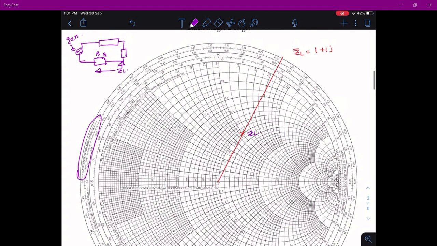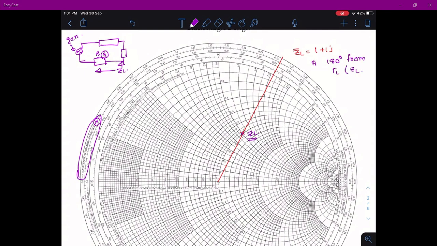So from the load you need to move towards the generator to reach the point A, and you see the arrow here, this is towards here, that is the clockwise direction. Now how much do you need to move? So the point A is at 180 degree from tau L, which is the point of the load.